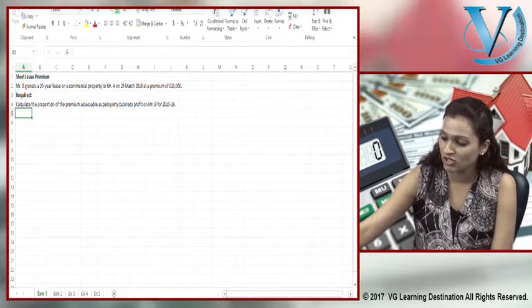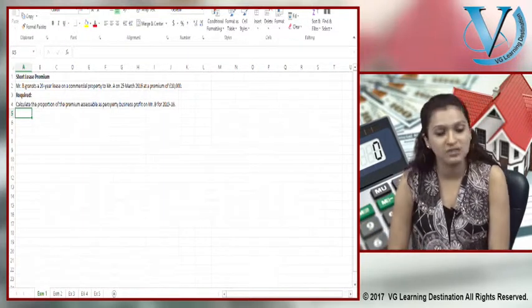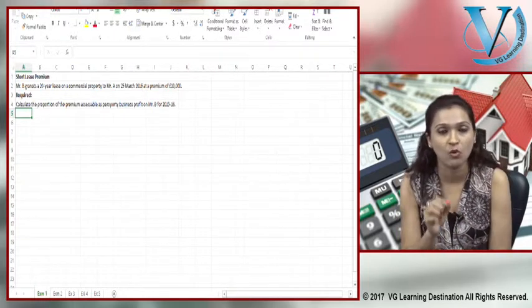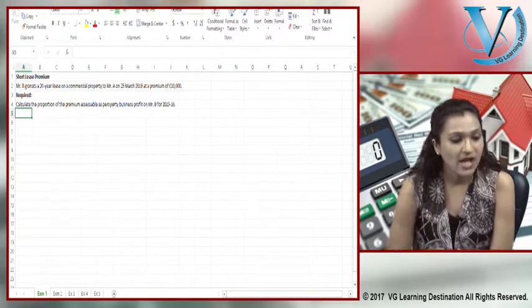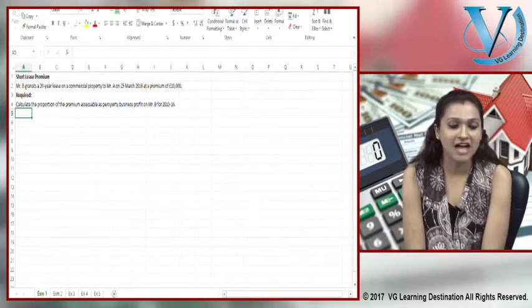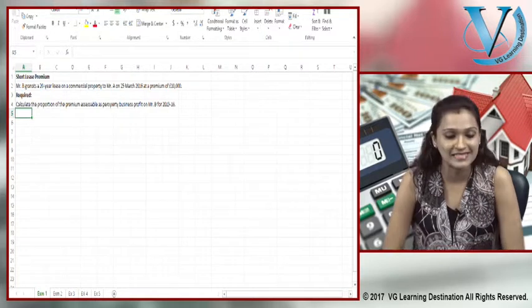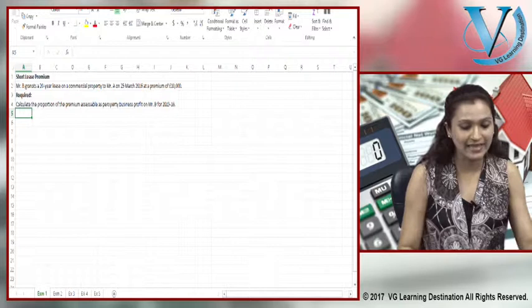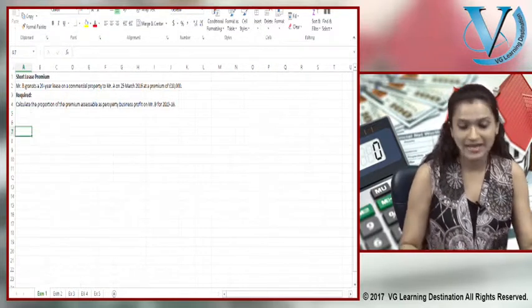So the entire gross premium is how much? £10,000. Remember what you need to include? Only the income element of the gross lease premium. Required: calculate the portion of the premium assessable as property business profit for Mr. B for 15-16. Only the income element is what you're going to pay tax upon.